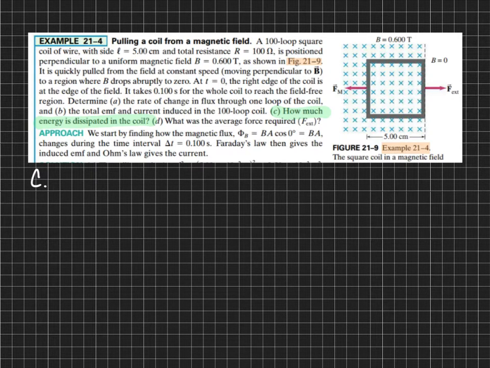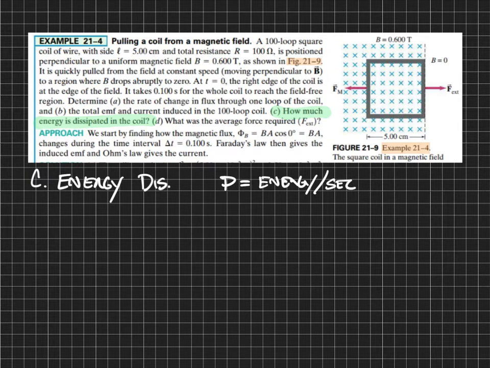The next part asks for the energy which is dissipated, or energy that is lost within my coil. Remember that power is energy per second.